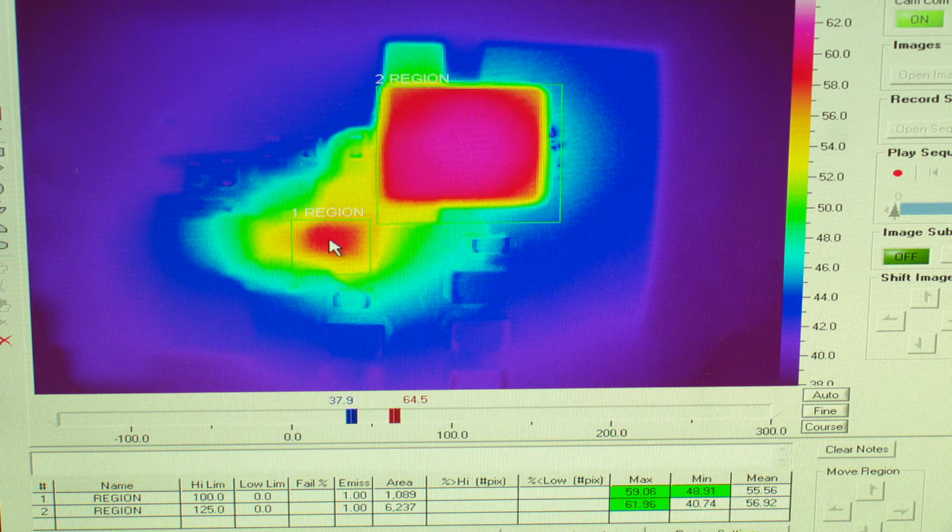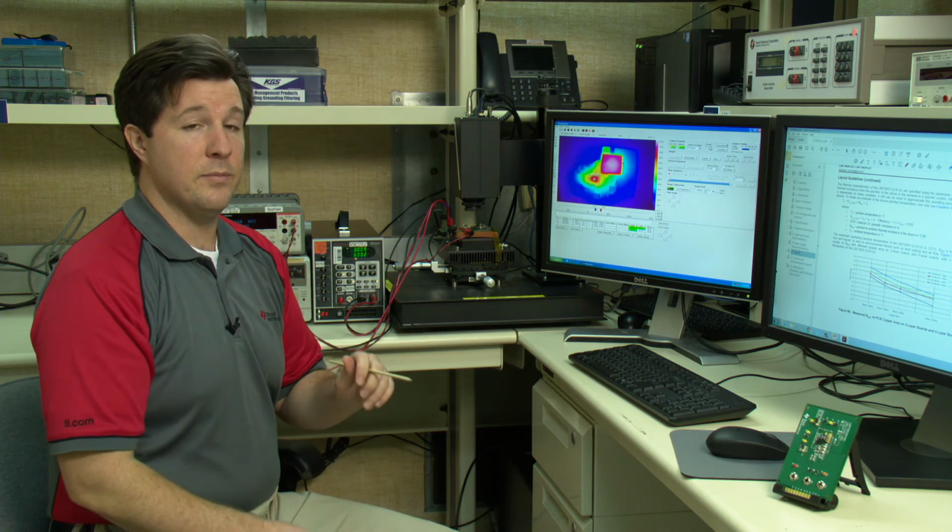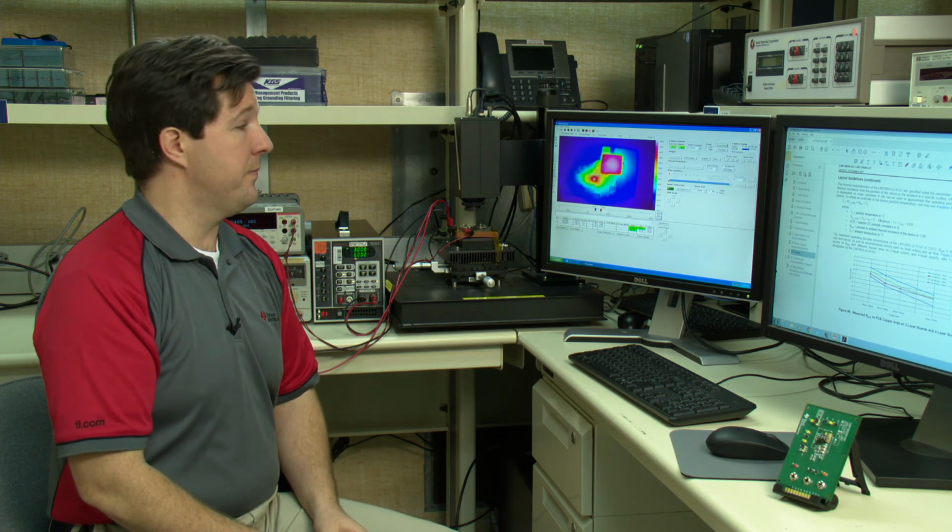So we can back calculate an effective theta JA of around 17, maybe 17.5 degrees C per watt, and that's going to be very close to what we saw on our datasheet curve that showed us how much copper we're going to need to get to an effective theta JA. So you can use the datasheet to get an estimate of how much copper you need to get to the temperature that you desire.